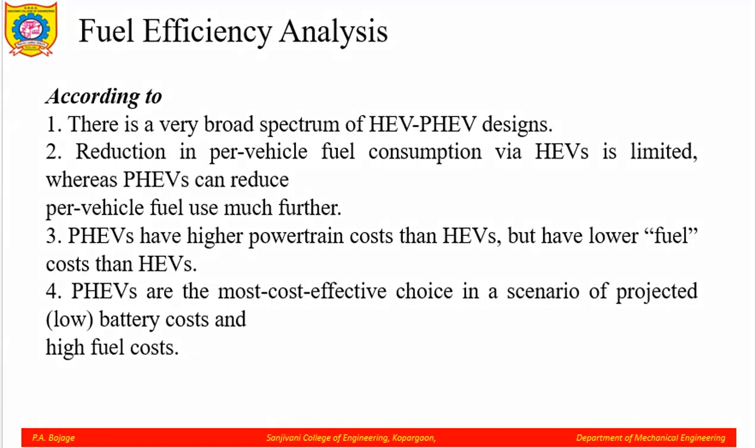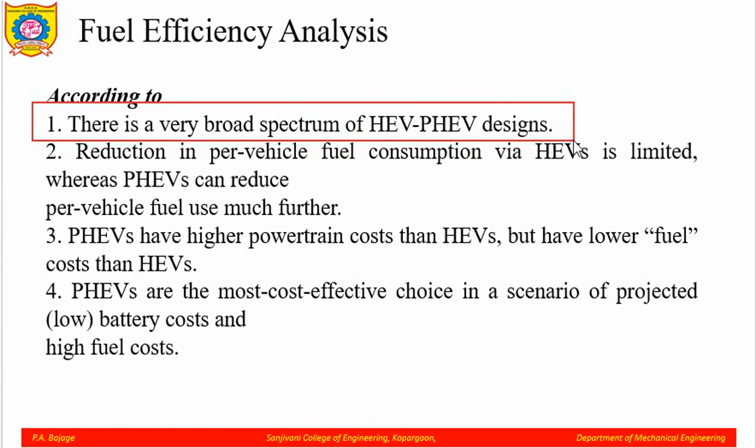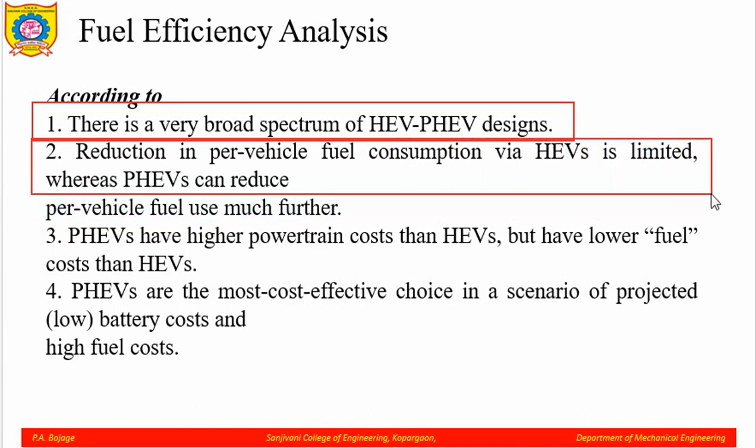There is a broad spectrum of hybrid electric vehicle and plug-in hybrid electric vehicle designs. So in the coming slides we are going to discuss the same: micro, mild and full hybrid electric vehicles. So reduction in per vehicle fuel consumption is achieved in such cases.